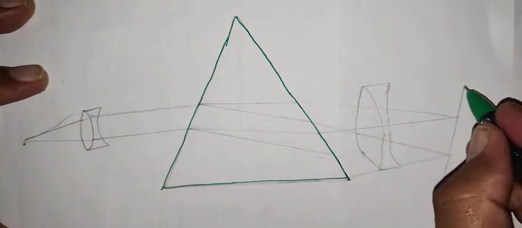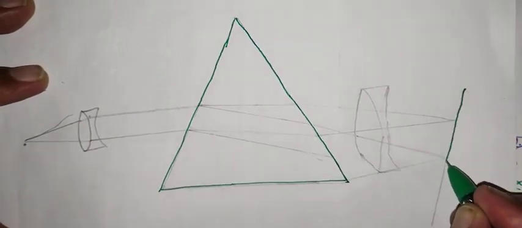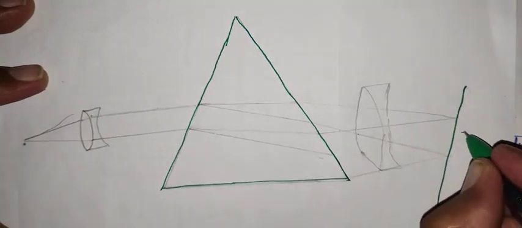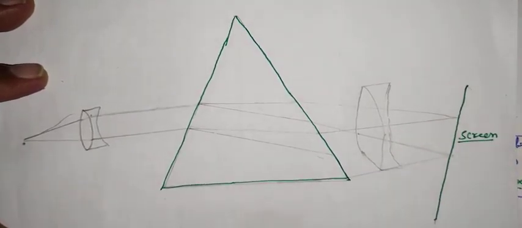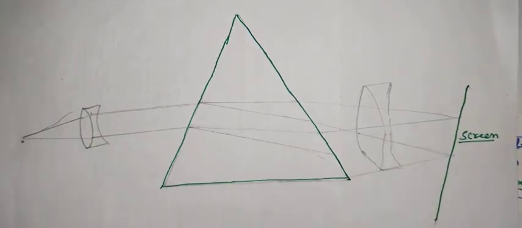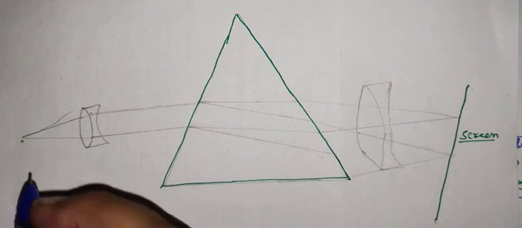This is the prism, and this is the white screen. See carefully the ray diagram. If you are able to understand the concept of the ray diagram, then the fundamentals will be completely clear.